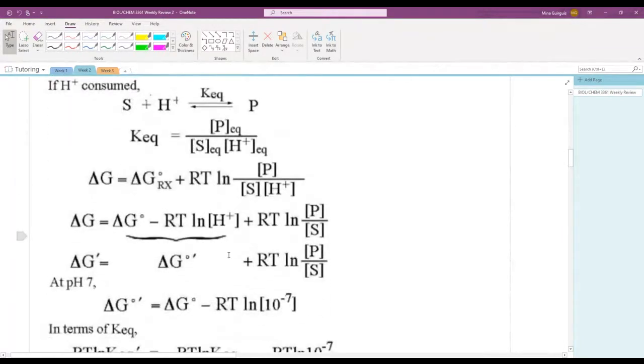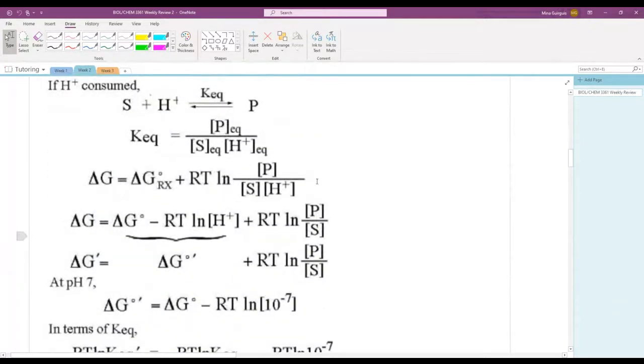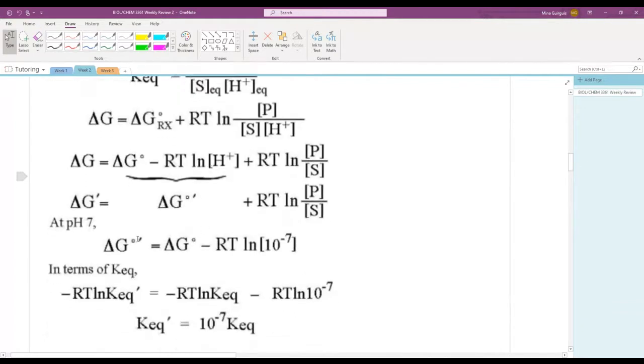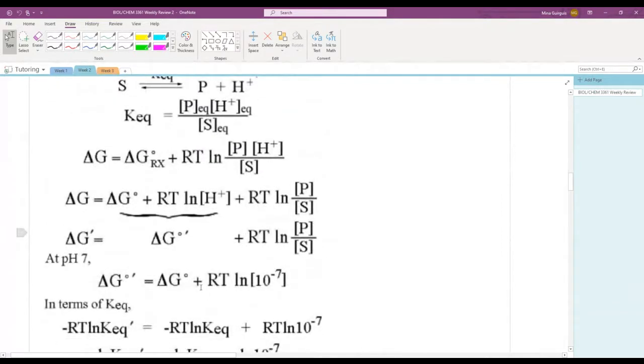When protons are consumed or produced, you have different equilibria. So this is your general equation between delta G naught and delta G. When you have a standard state condition except for this pH, this is the simplified equation of just minus RT natural log of 10 to the negative 7, or plus, depending on whether you're consuming or producing protons.